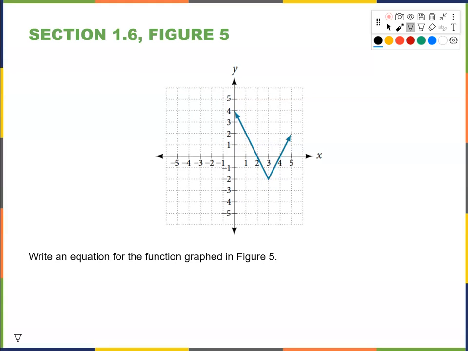Next, write an equation for the function graphed in Figure 5. So remember, this is a graph of an absolute value function from your toolkit or from the parent graph of an absolute value function. Something like this. From here, from green to blue, what are the transformations?